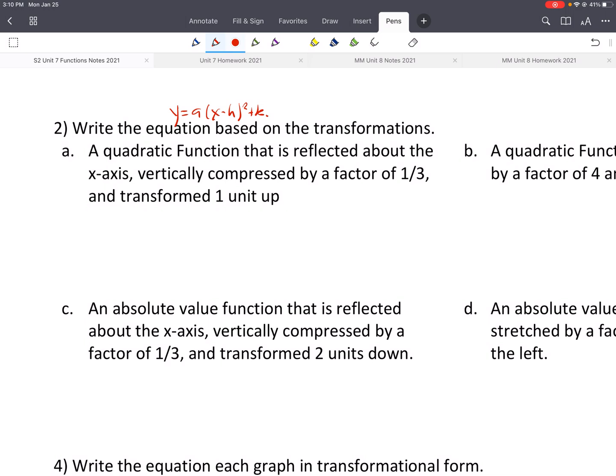It says it's being reflected over the x-axis, so we'll have y equals negative, vertically compressed by a factor of 1/3. And then it says it's transformed 1 unit up. So that means it doesn't go left or right, so we'll just do x minus 0, and then it goes up 1. And then maybe we want to simplify a bit by just not having that minus 0.